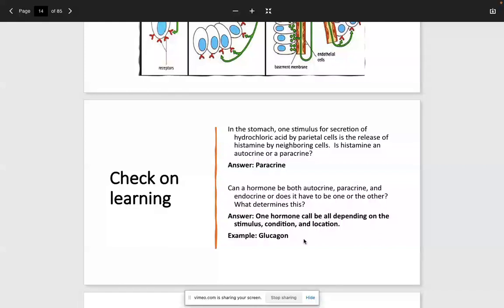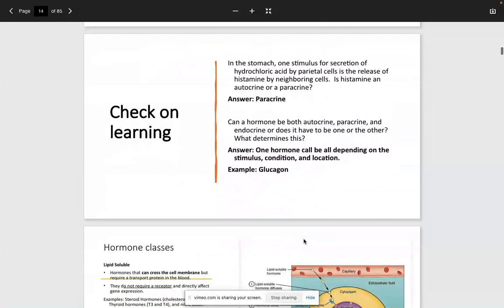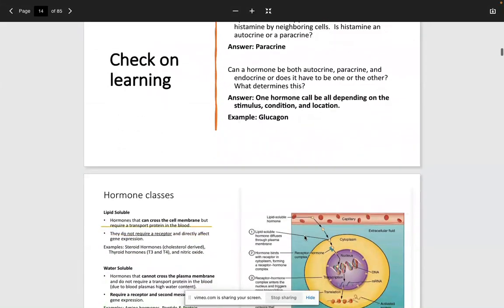For example, in people in starvation, who haven't eaten for a while, glucagon can break down something called glycogen, which is stored glucose, and raise the blood glucose levels. This is called glycogenolysis, a concept that was most likely covered in your Bio 112 class. Glucagon can also break down fat, and depending on the time and the location, it has many different effects. So we won't belabor that point anymore.